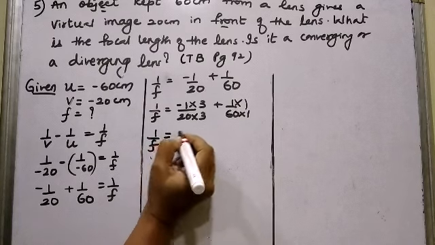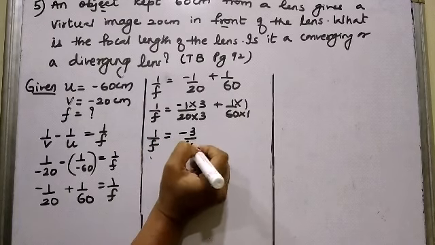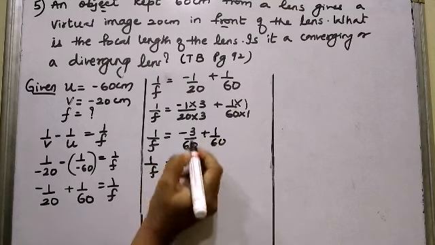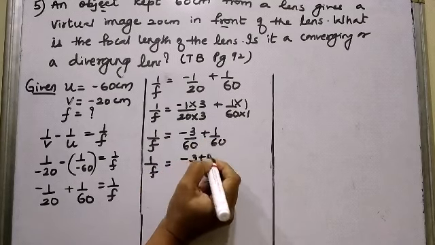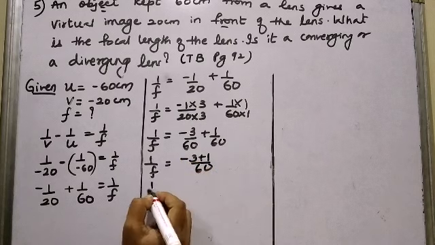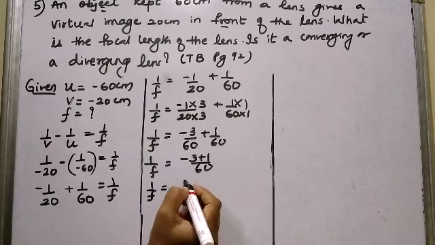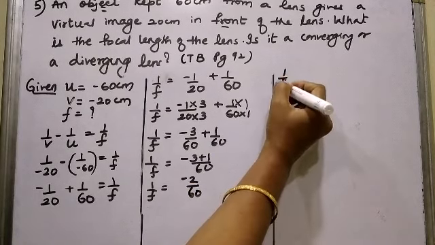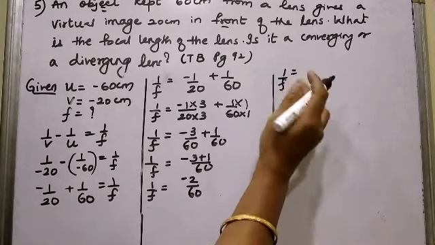So 1 upon f is equal to minus 3 upon 60 plus 1 upon 60. So 1 upon f is equal to, common denominator, minus 3 plus 1 upon 60, which is minus 2 upon 60.